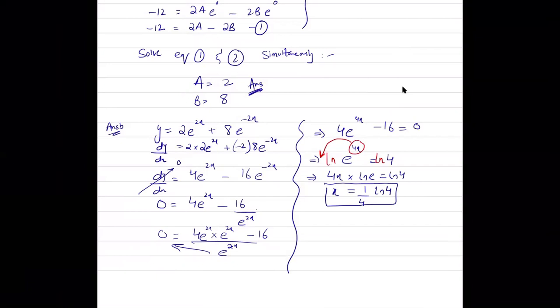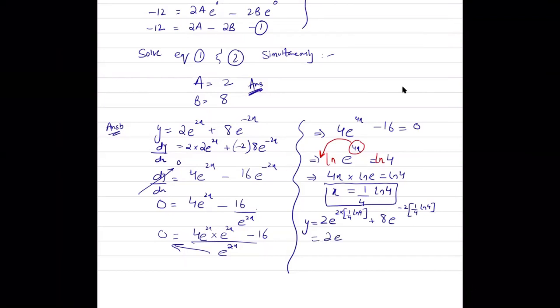Now you were asked to find the coordinate. You have the x coordinate. To find the y coordinate, you can just use the original equation and plug in x as 1 upon 4 ln 4. Simplify this out.